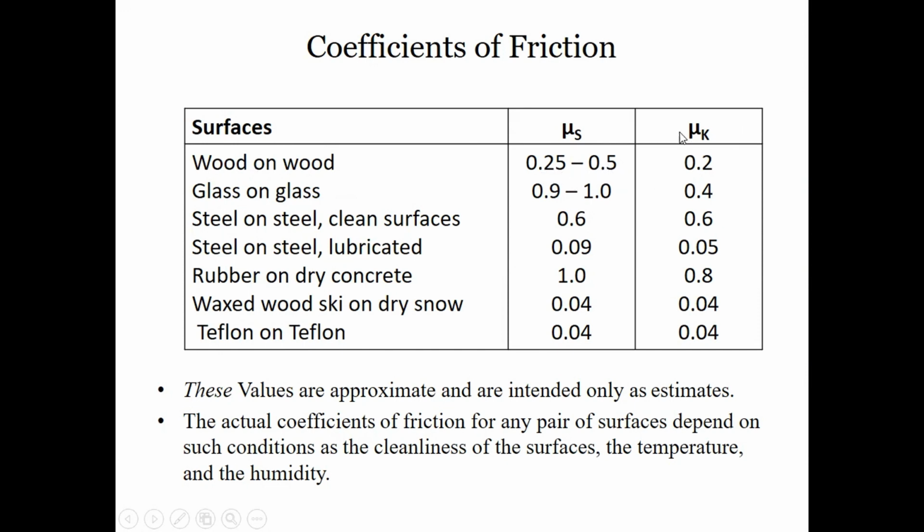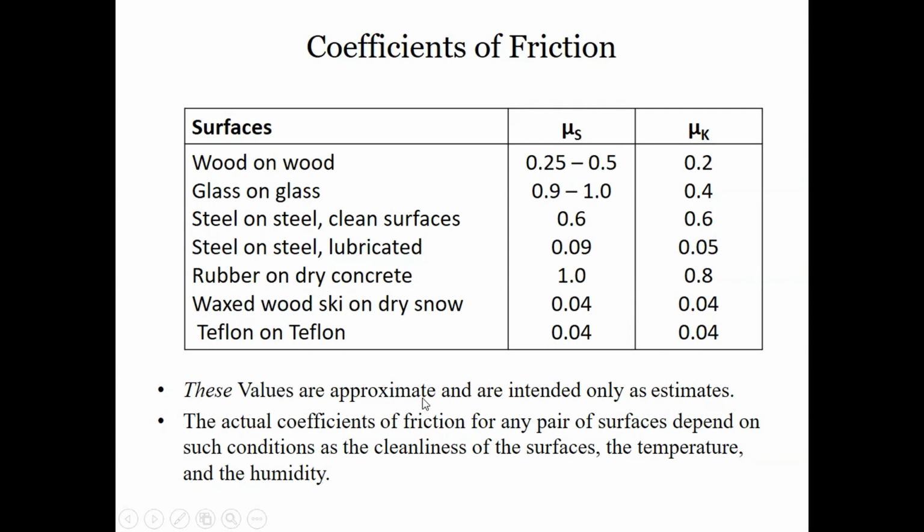Similarly, the coefficient of kinetic friction has been measured, and it is the coefficient which tells us how much friction will be due to the motion. The coefficient of kinetic friction is slightly less for all the cases when compared to the static friction.